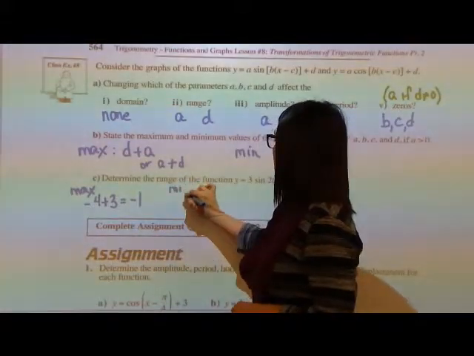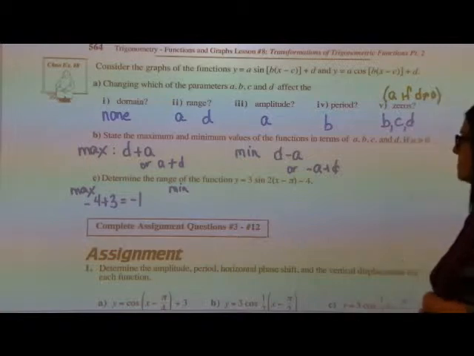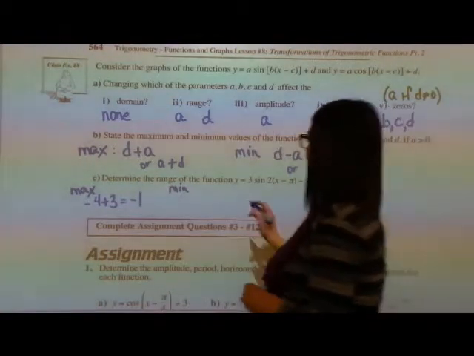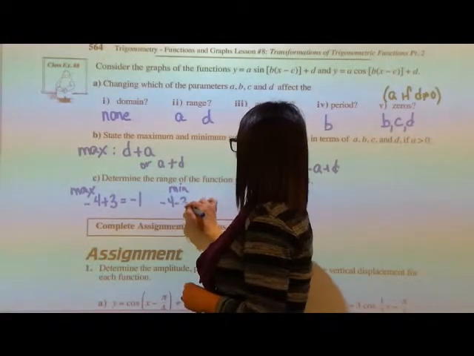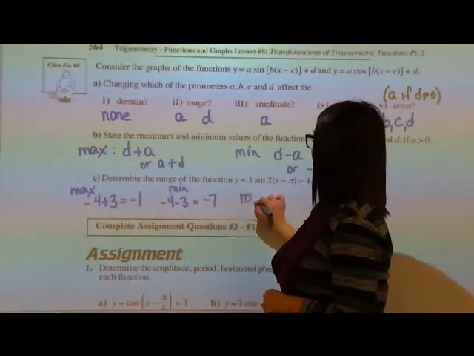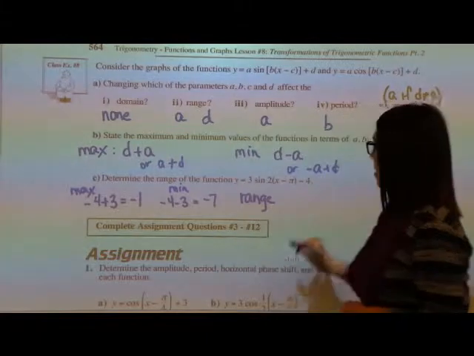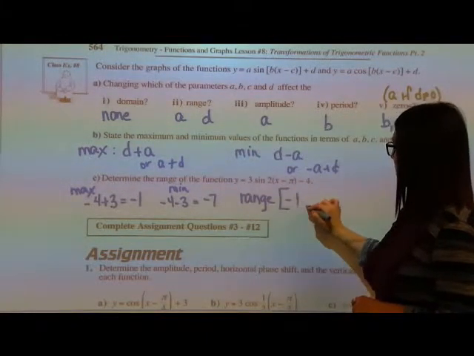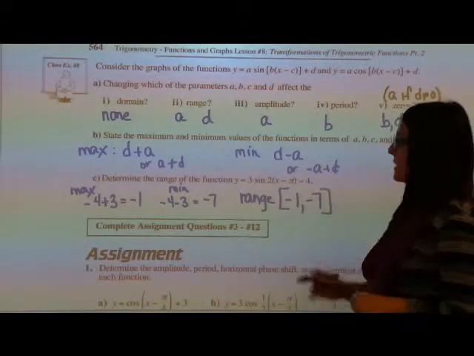And then how would I find my min? Which would equal -7. So then the range would be all the values from -7 to -1.